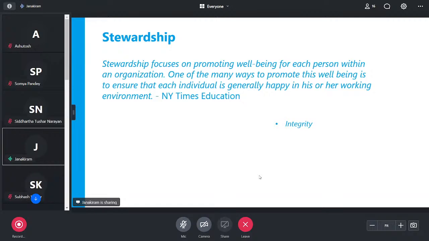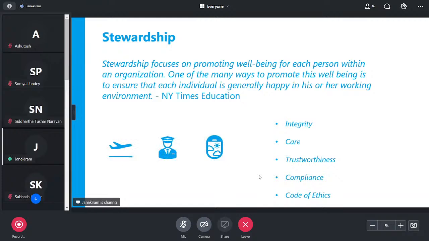That is a good example of integrity. Care, trustworthiness, and compliance. And when it comes to PMI, they have something called a code of ethics as well. So we have a set of code of ethics from PMI that applies to this. So a project manager has to play the role of a steward in the process of achieving the goal that the project is trying to succeed in.